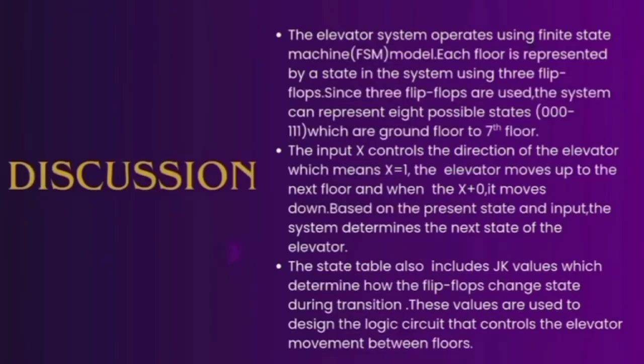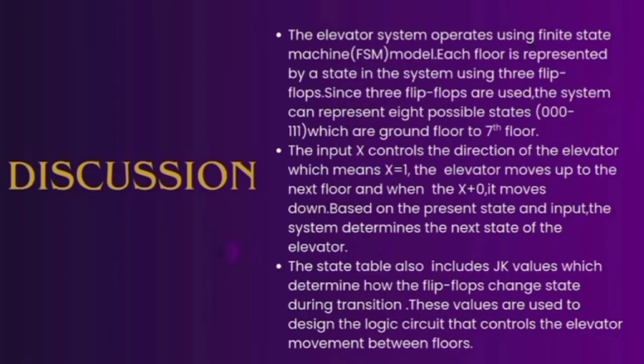Thank you. For discussion, the elevator system operates using a finite state machine model. Each floor is represented by a state in the system using 3 flip-flops. Since 3 flip-flops are used, the system can represent 8 possible states, which are 000 to 111, which are ground floor to 7th floor. The input X controls the direction of the elevator, which means when X equals 1, the elevator moves up to the next floor.